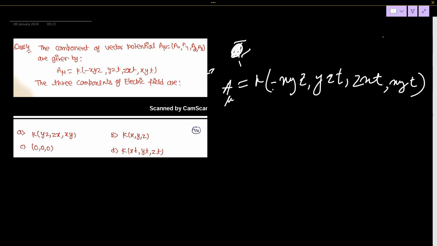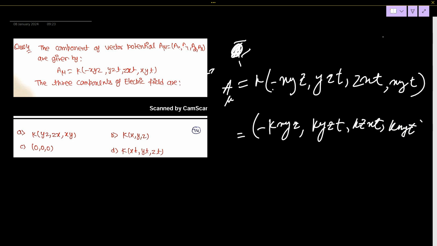Oh yeah, the k is in the bracket, so I can write it as minus kxyz, kyzt, kzxt, kxyt, isn't it?